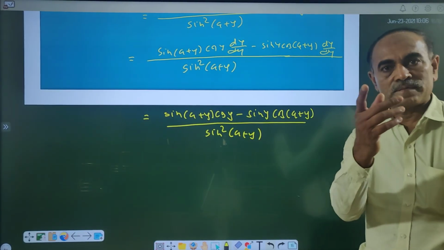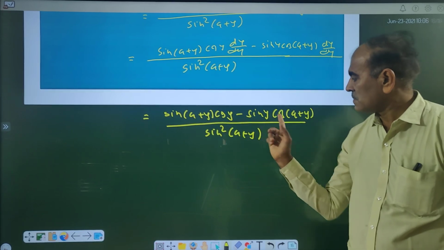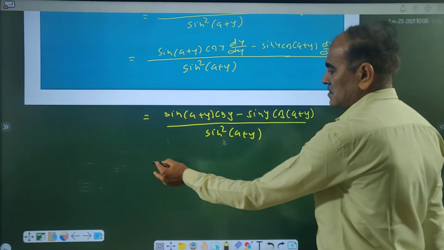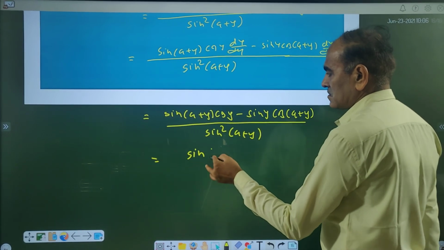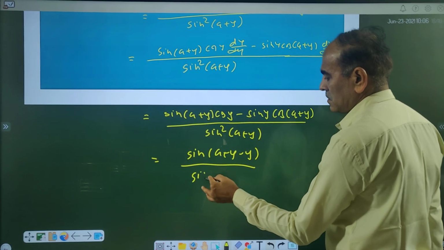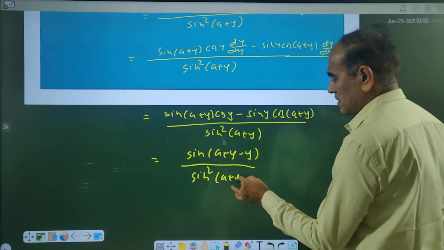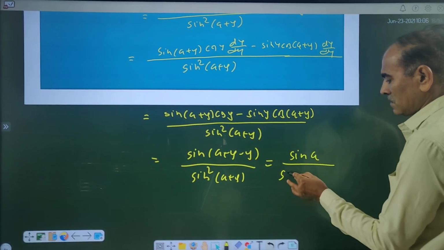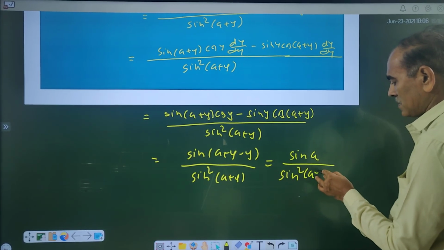It is some standard form: sine alpha cos beta minus cos alpha sine beta. Here it is nothing but sine of a plus y minus y over sine square a plus y. That comes out as sine a over sine square a plus y.